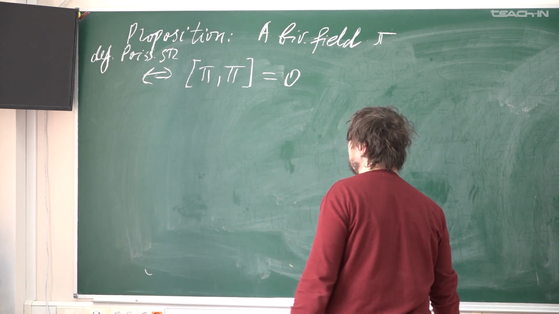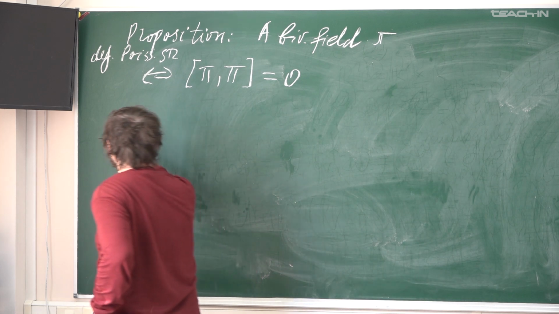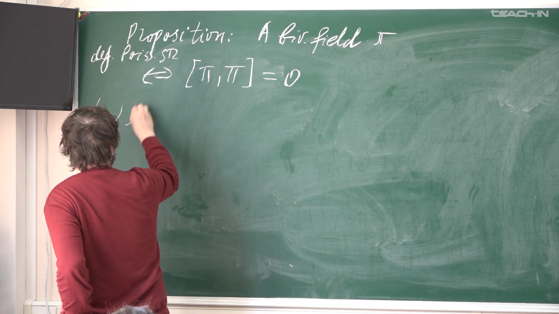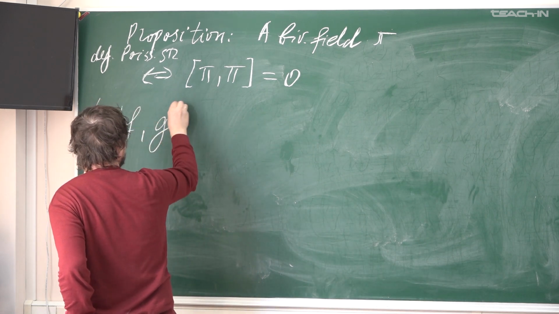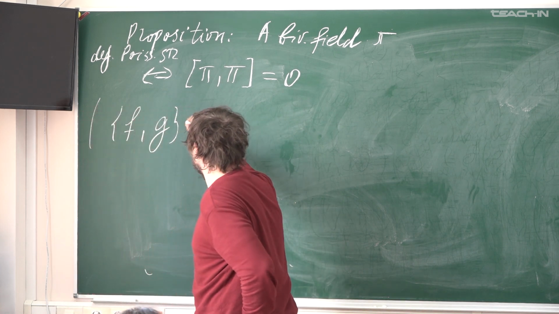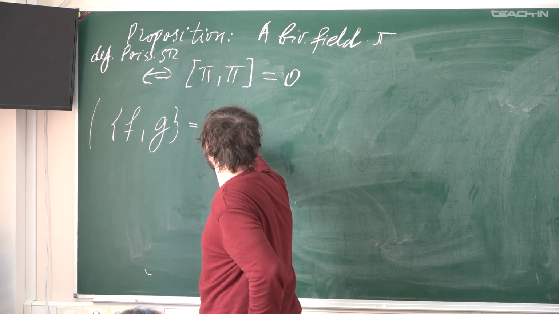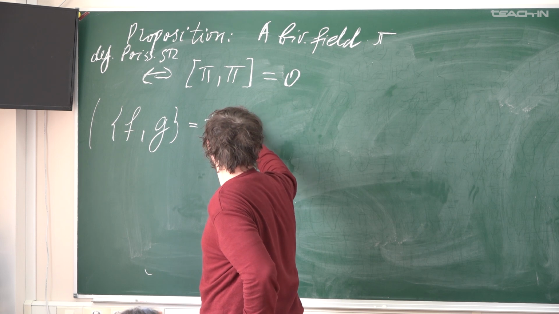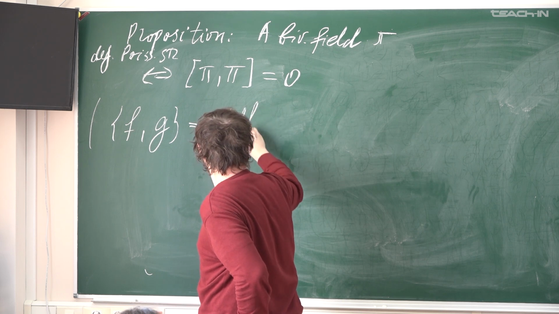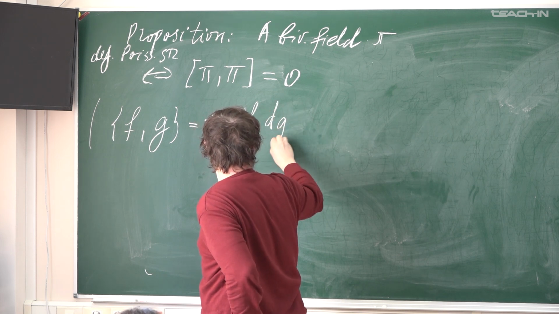When I say the bivector field defines some structure, I mean that we put the Poisson bracket of f and g to be equal to the value of pi on differentials of f and g.